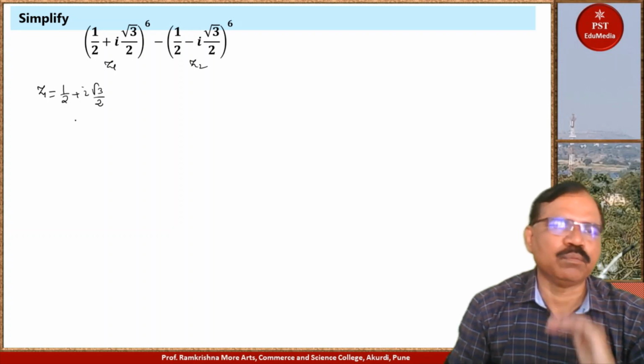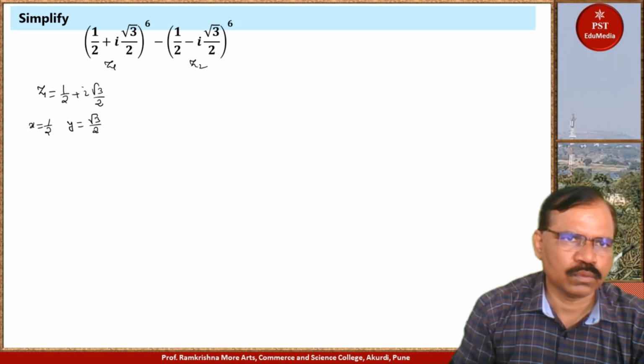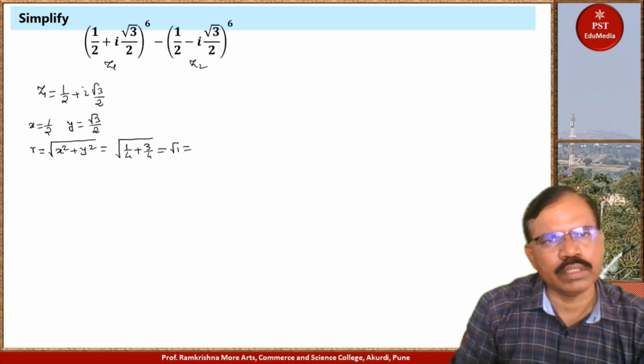We will obtain its polar form. So here x is equal to 1 half, y is equal to root 3 by 2. So we can take r. r is equal to root of x square plus y square, that is 1 by 4 plus 3 by 4. So this is root 1, so it is 1.